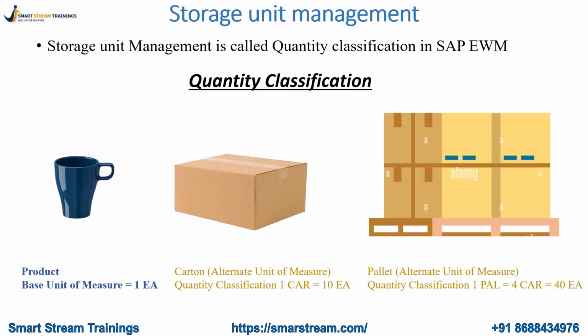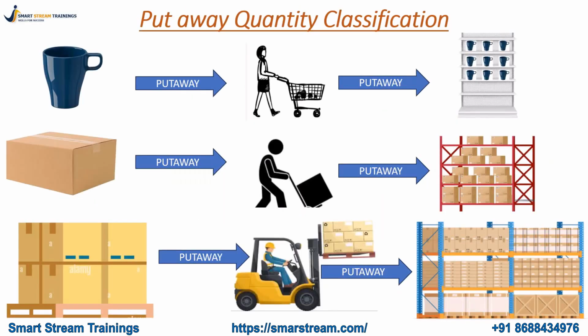We will come to know how exactly this quantity classification is going to help manage our products in the warehouse. There is one more concept called putaway quantity classification, based on the quantity classification of the product. For example, in the first image there is one cup, which is nothing but one each. So the quantity is in eaches.